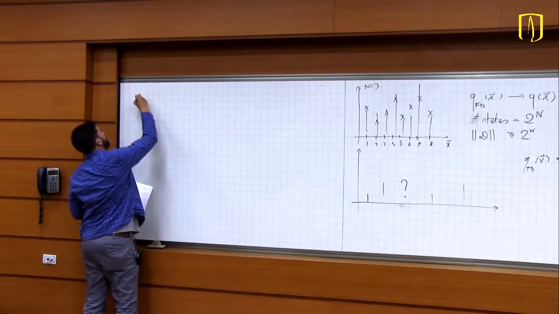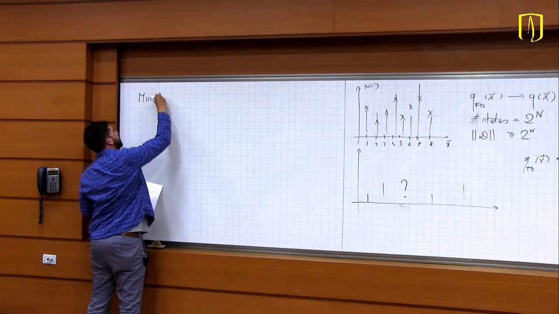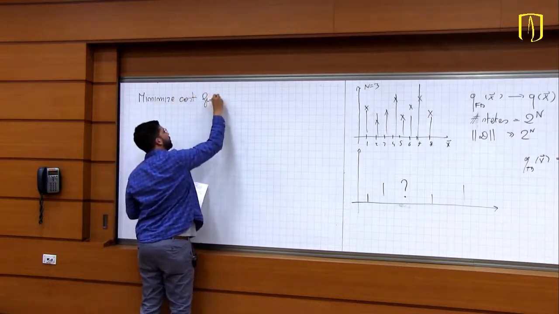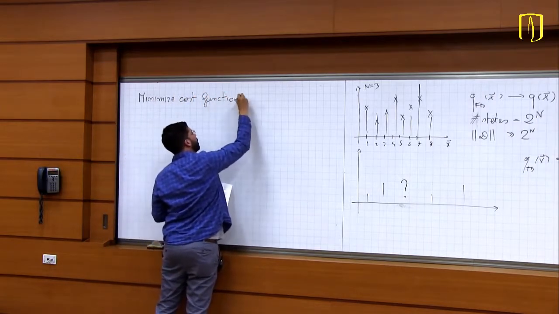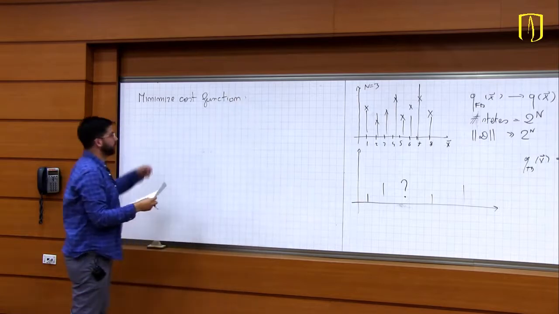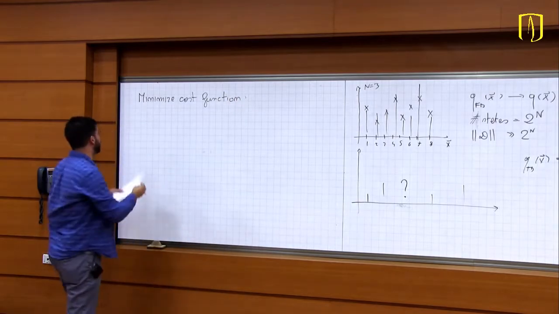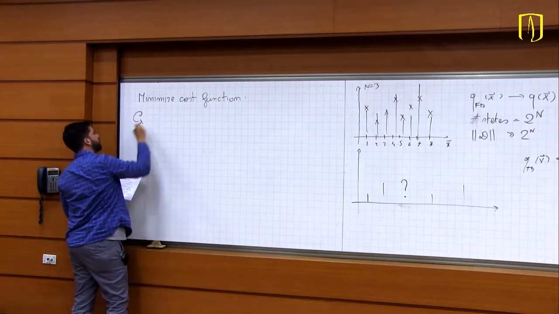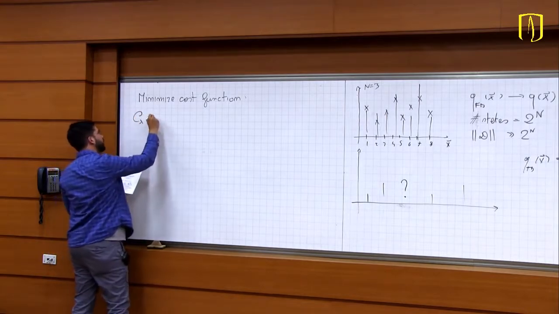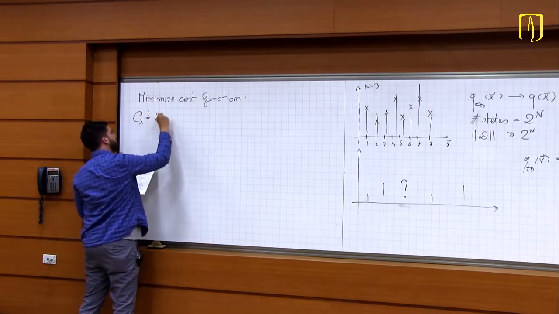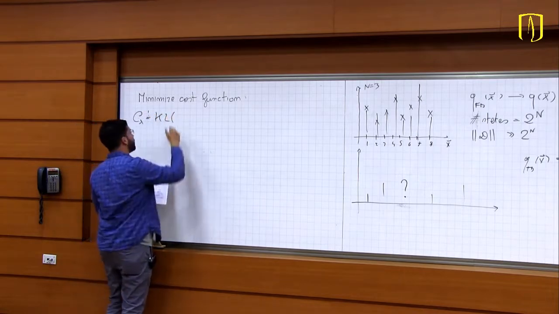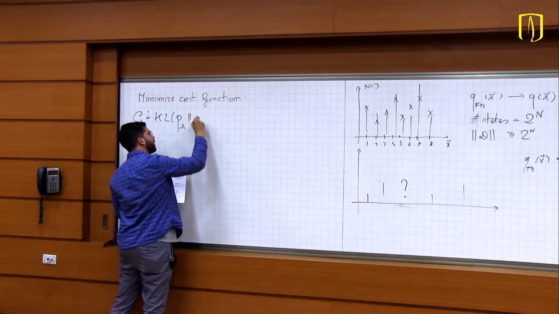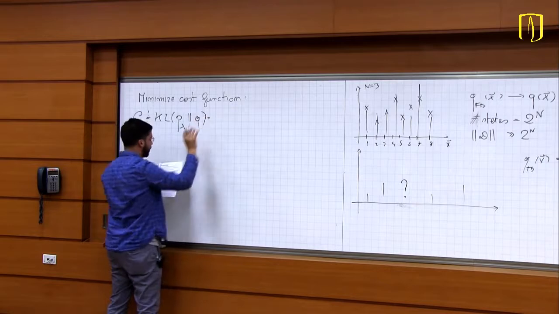So we want to minimize a cost function, as usual in machine learning. This cost function has to essentially capture the distance between these two distributions. I'm going to call the cost function C of lambda. This is defined as the KL divergence between the model distribution P of lambda and the data, the unknown distribution for now.